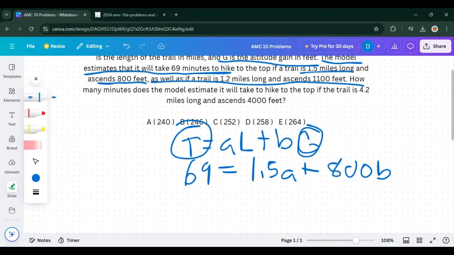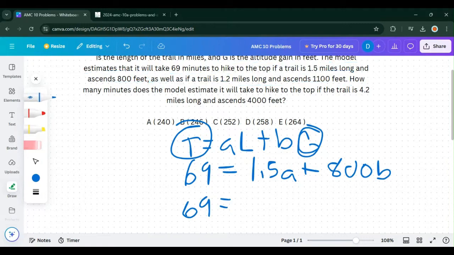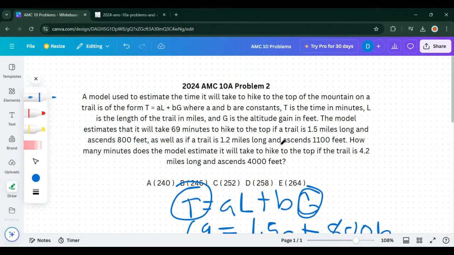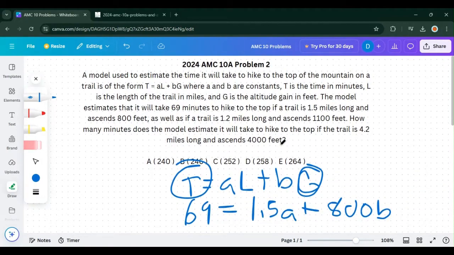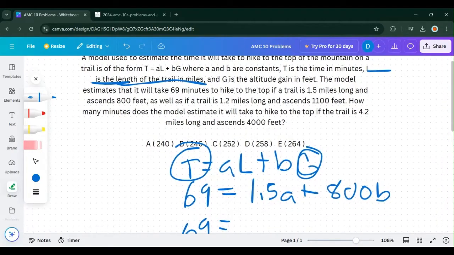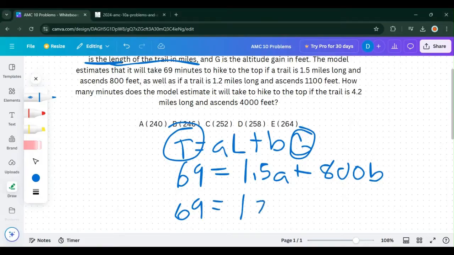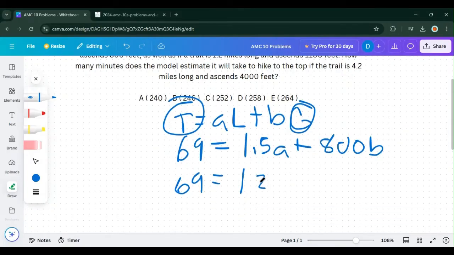As we see here, it will take 69 minutes as well. Okay, so a trail is 1.2 miles long. L is the length of the trail in miles, so we substitute 1.2 into the equation for L. My pen's not working for some reason.